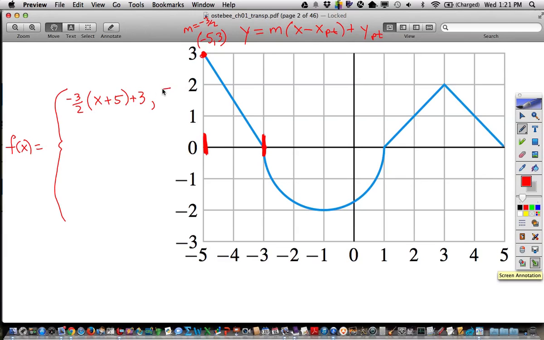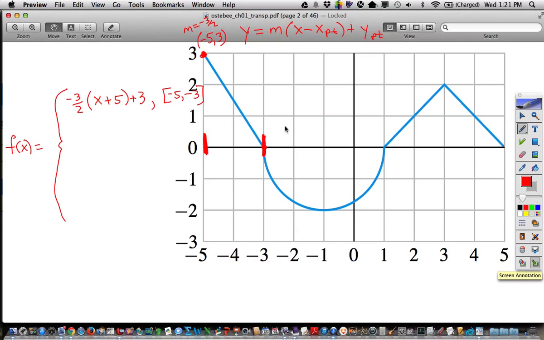So I'm going to put a square bracket, -5, comma, -3. So that tells me, okay, here's this line, which is this first piece, and that piece only goes from -5 to -3. Okay, now the next piece is a circle, and I'm going to leave that to last because that's the hardest piece for us right now.